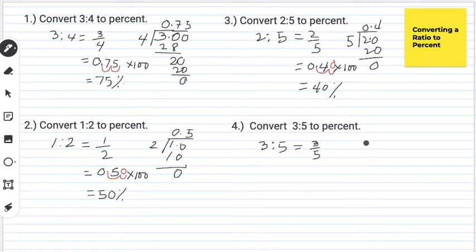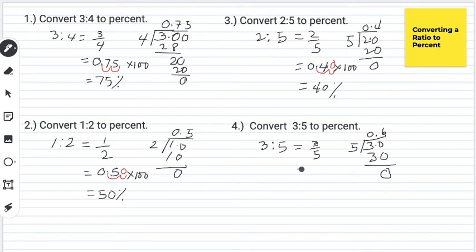And we have to divide 3 divided by 5 using the long method of division. 3 divided by 5 cannot be, that is 0. Add another 0 here. Then 30 divided by 5 is 6. And 6 times 5 is 30. Subtract 30 minus 30 is 0.